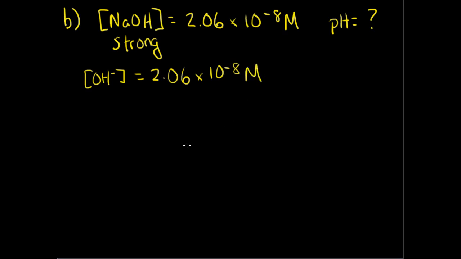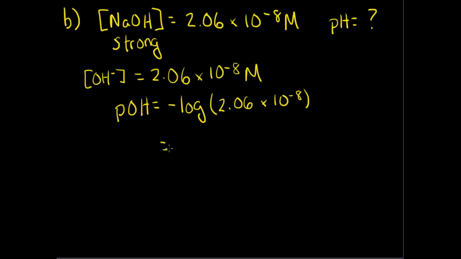What can we do from there? Well, we've got to get to pH somehow. The easiest way to do this, the only way to do this, is to figure out your pOH. pOH equals negative log of your hydroxide ion concentration, which in this case is 2.06 times 10 to the minus 8th molar.